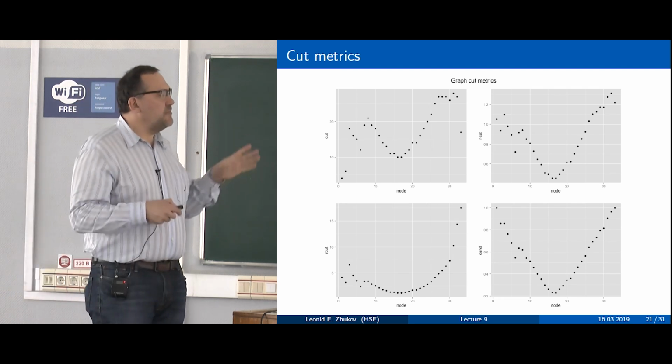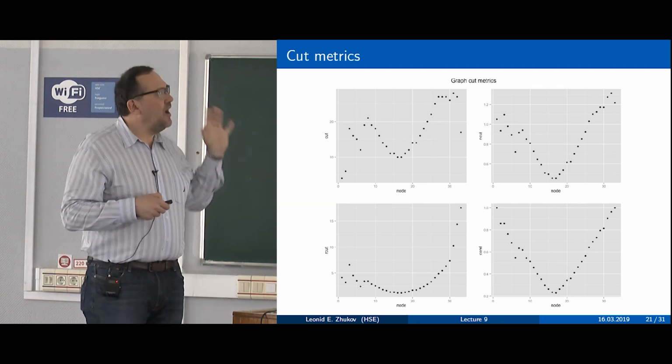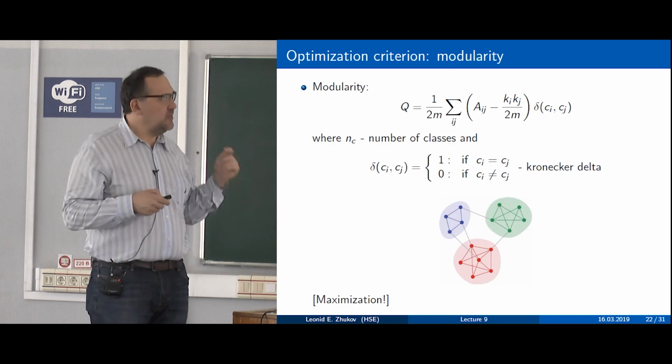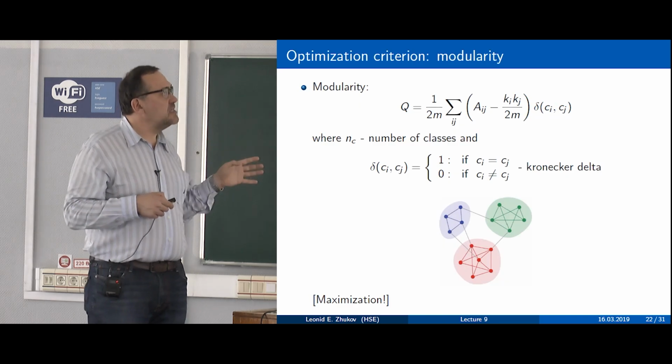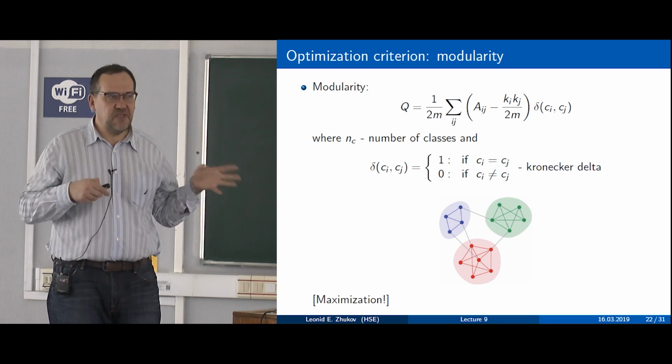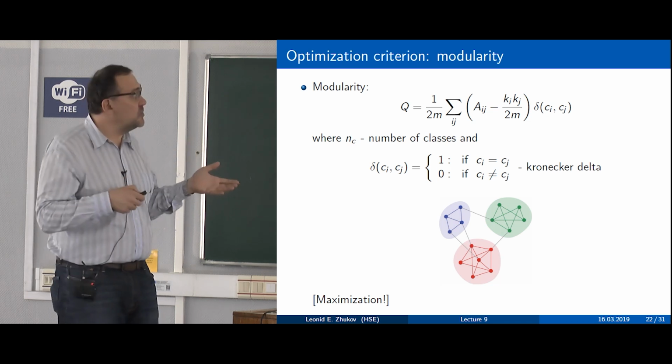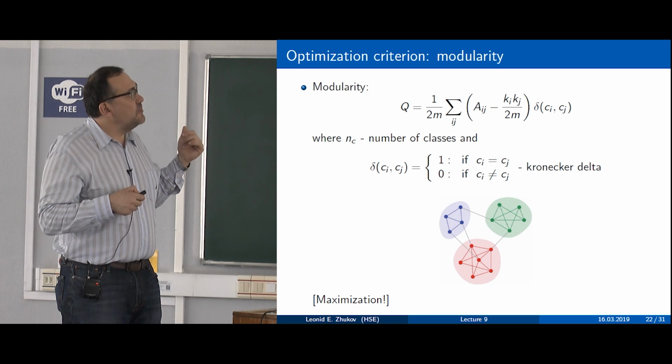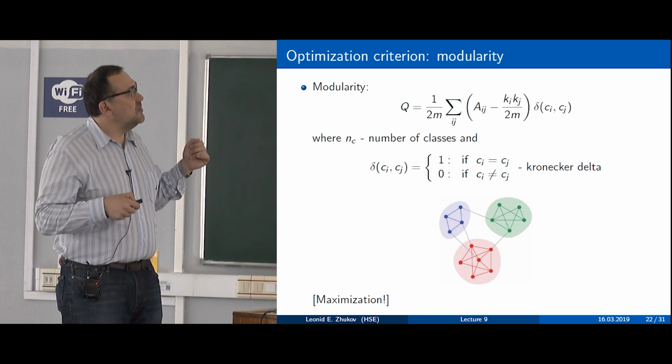All right. Okay, so that's the general concept of what we talked about. There are other ways to approach this graph partitioning problem using linear algebra. One of them is modularity.